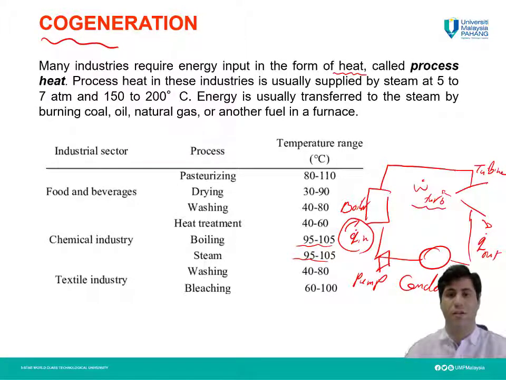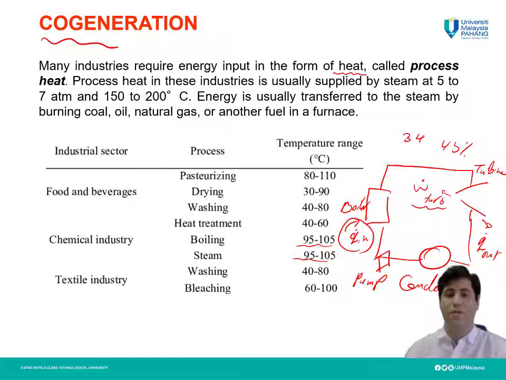If you remember, in different examples the efficiency was about 34% or even higher. How can we increase this efficiency? A 34% efficiency means just 34% of this Q in is converted to W dot turbine minus W dot pump.